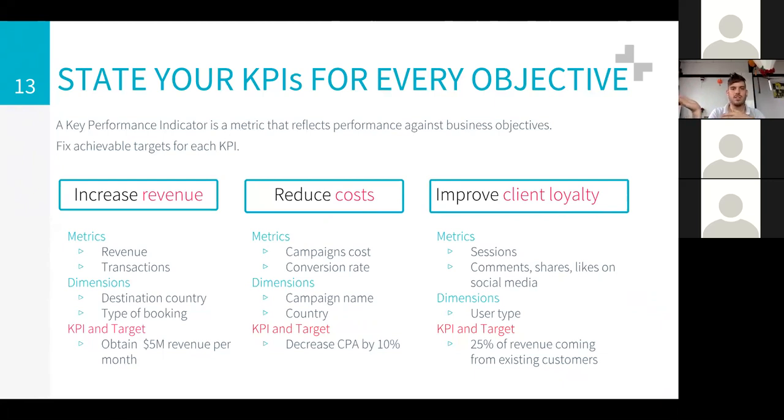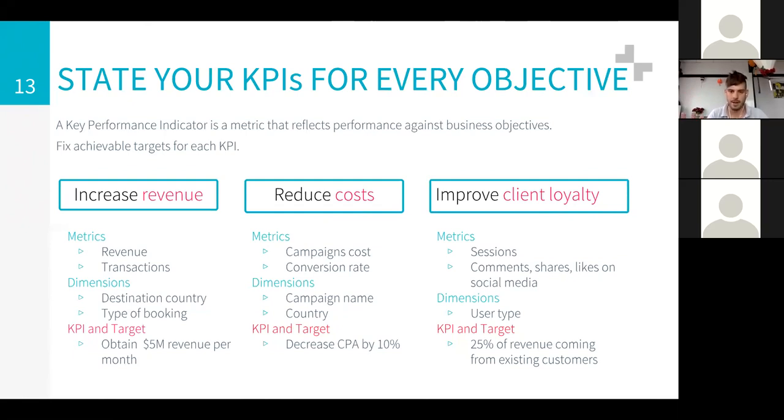To reduce cost, well, this is more on the marketing activity, but to be able to reduce cost, I need to have the cost as a metric, and the conversion rate. In terms of dimensions, I need to be able to break it down by campaign and by country, and my main KPI and target will be to reduce the cost of acquisition by 10%. And with improved loyalty, the only way I can see how well I'm performing with existing customers is if I can identify an existing customer.